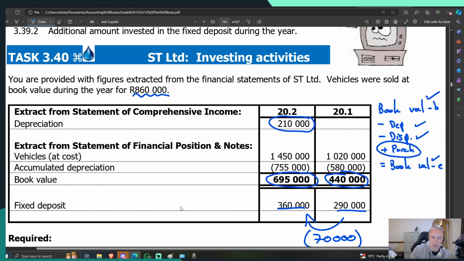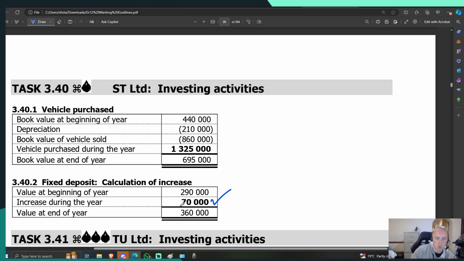So that'll be 695,000 plus 210,000 plus 860,000 minus 440,000, and your answer would be 1,325,000. There's that one figure we were missing. And that is task 3.40.